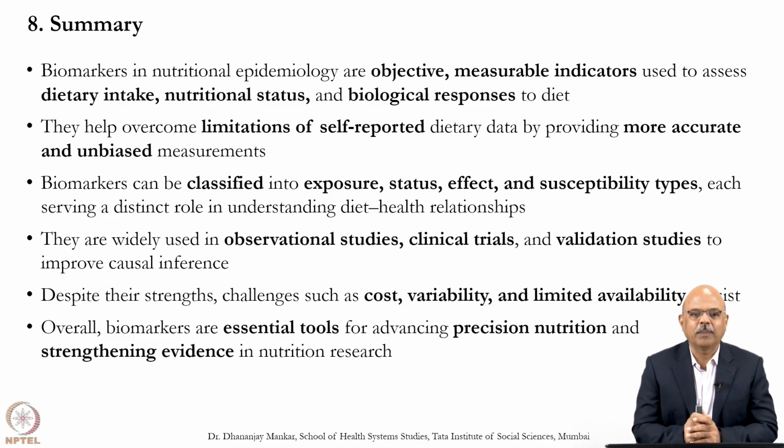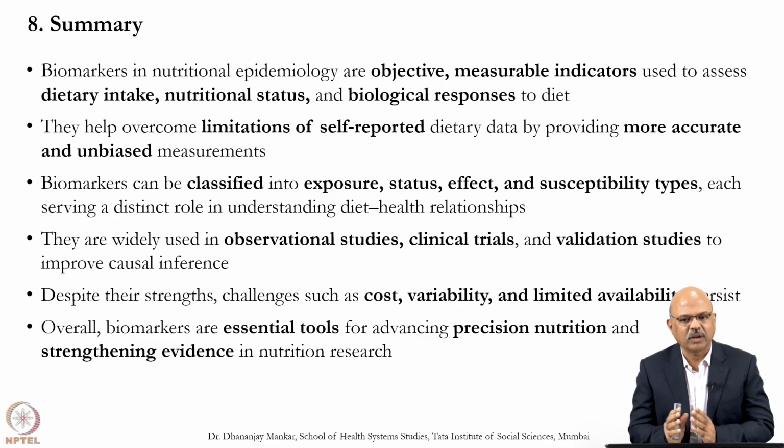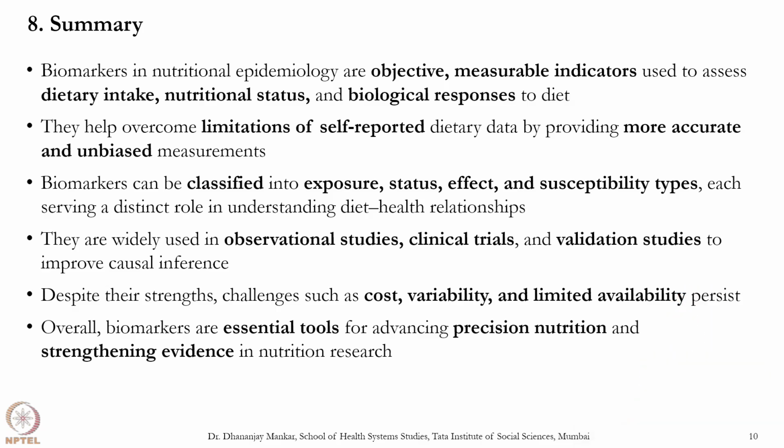So we find the benefits of biomarkers in observational studies, clinical trials, and validation studies. Despite the strengths, the challenges and limitations we may see are cost, variability, and limited availability, which are persistent and put them a little out as a choice.